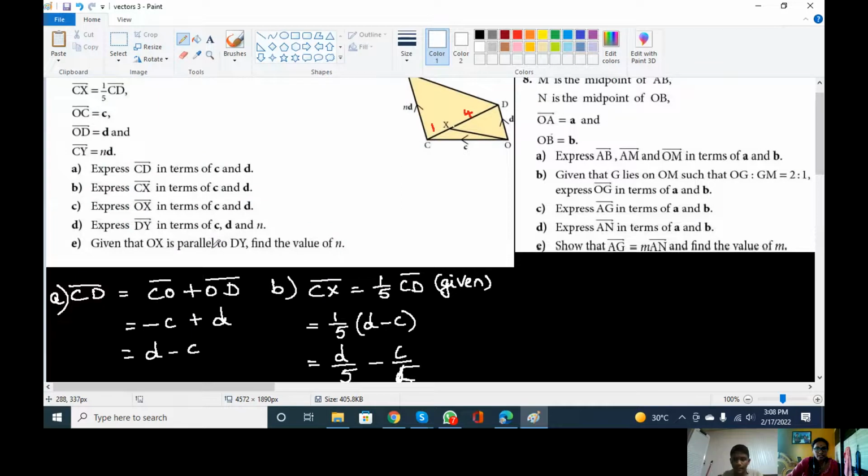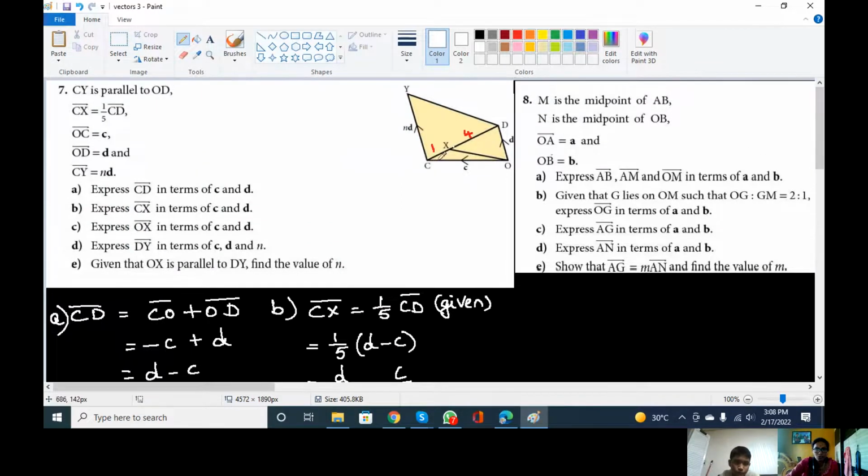Next, E bit. Given that OX is parallel to DY, find the value of n. This OX is parallel to DY, it seems. They are parallel, but these line segments are not equal. Maybe OX is equal to some k times DY. We don't know what that k is.